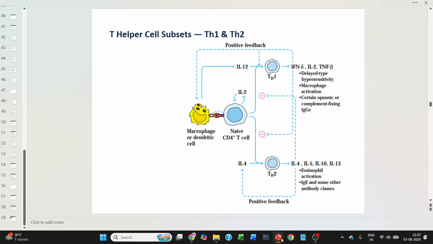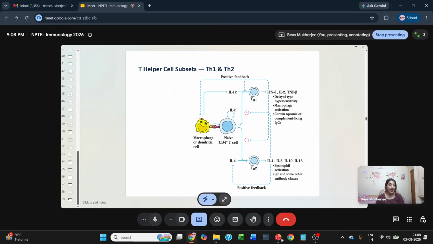Now we have the TH helper subsets, TH1 and TH2. How are they forming? After this TH cell has decided its lineage, it undergoes activation and maturation. Then, depending upon the cytokines in the environment, it can either become a TH1 cell or a TH2 cell.